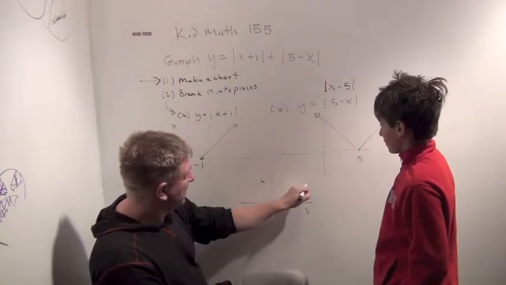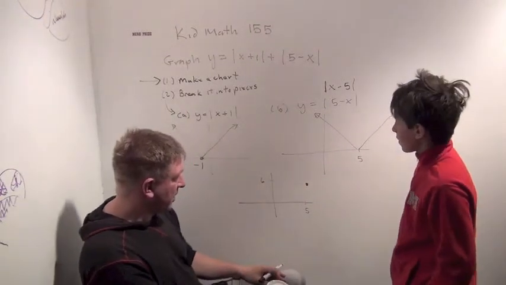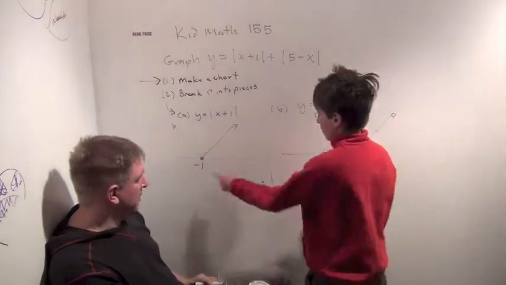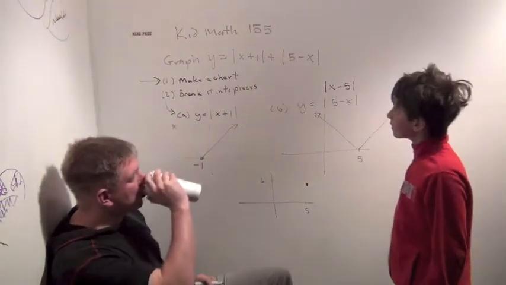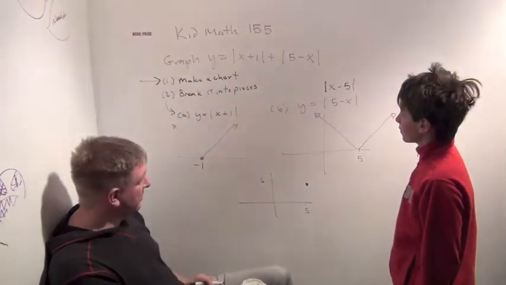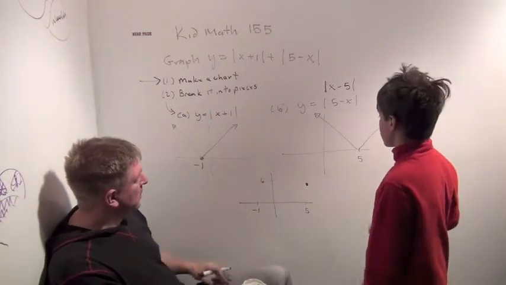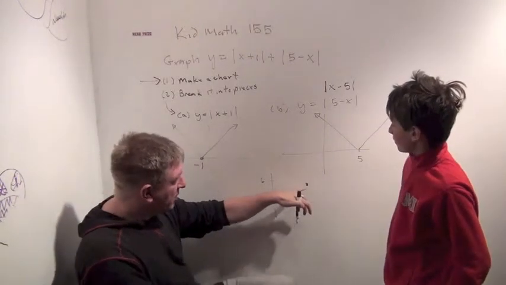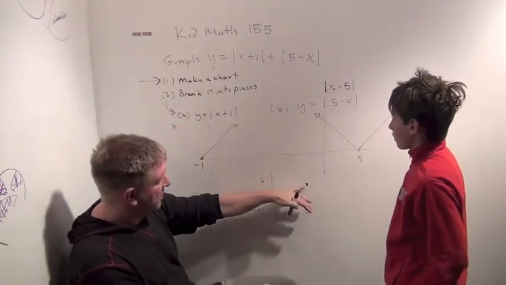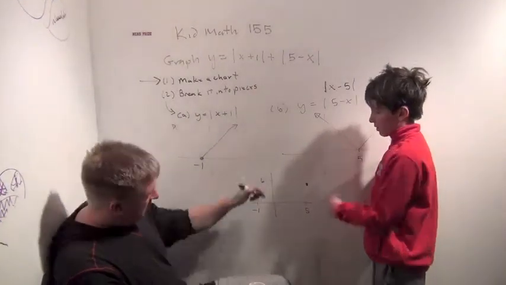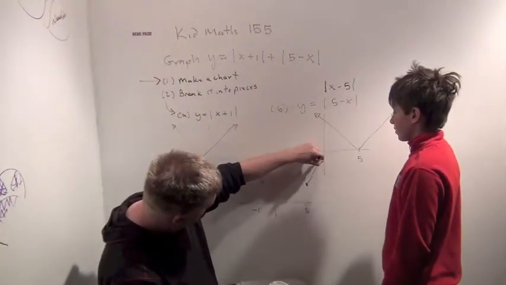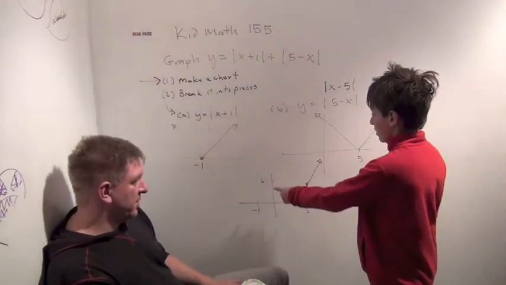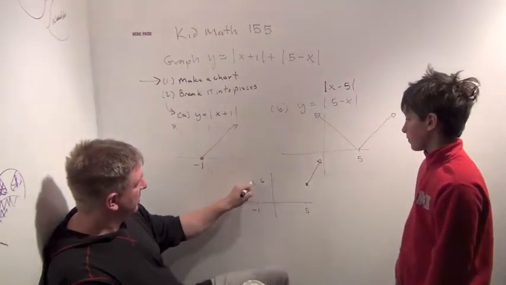Are there any other points where the slope on the graph of the sum is 2? Well, when these two meet at minus 1. Actually, it's negative 2 there. So the slope is 2 everywhere bigger than 5, and also everywhere less than minus 1, the slope is minus 2.